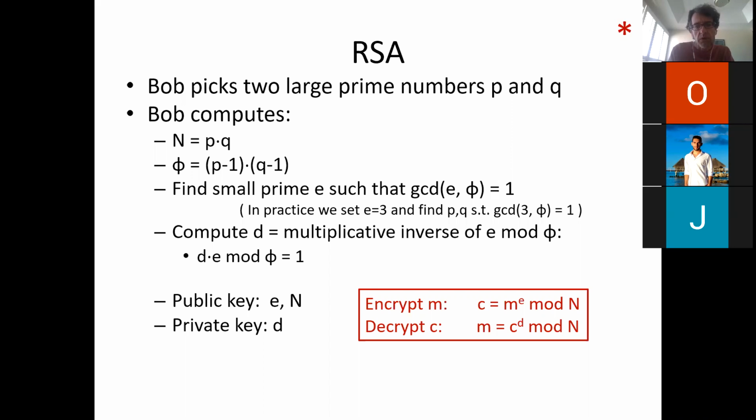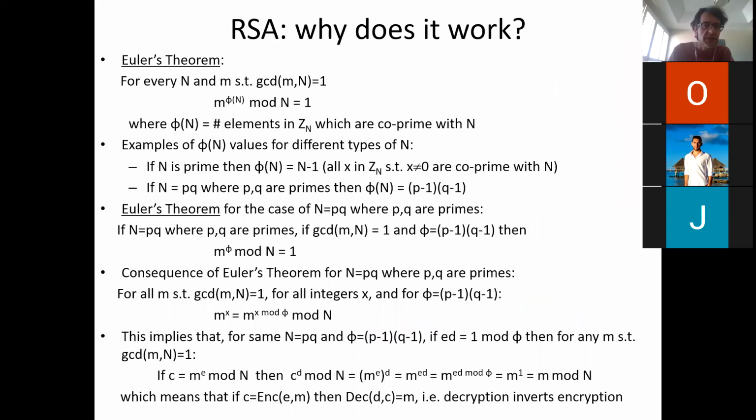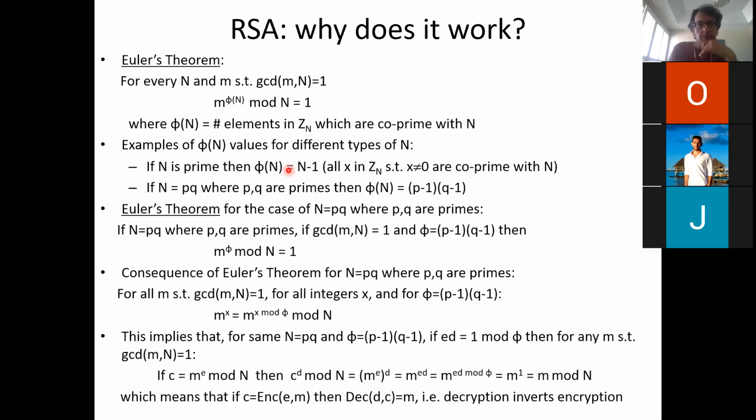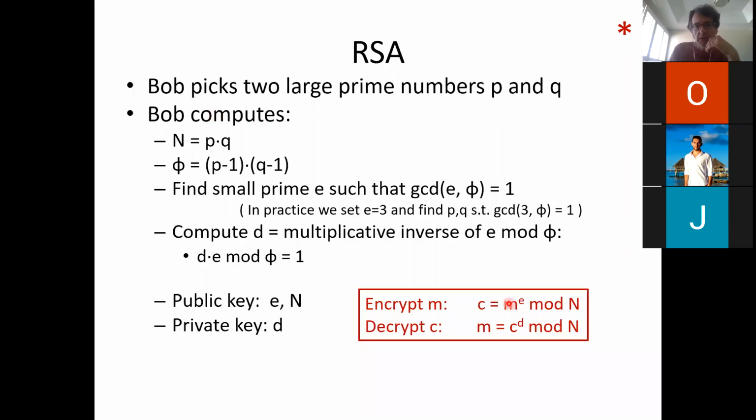Okay, so here's how you encrypt, and now this is what you were asking. Euler's theorem says that this is the fundamental equation when you are exponentiating mod n. And why am I interested in it? Because encryption is exponentiation mod n, and decryption is an exponentiation mod n.